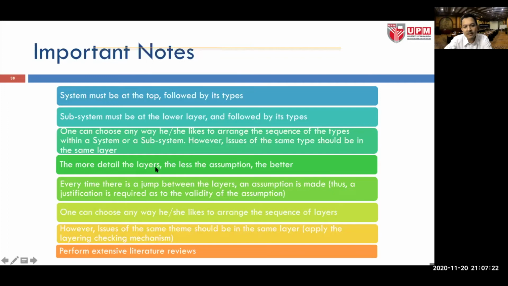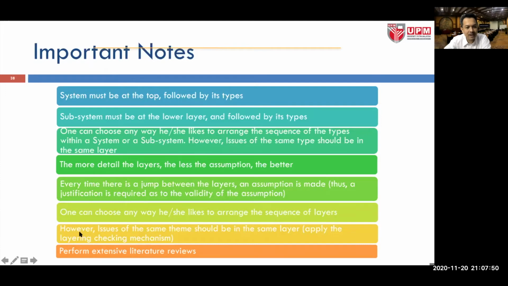The more detailed the layer, the fewer assumptions, the better it is. Every time there is a jump between layers, an assumption is made, thus justification is required for the validity of the assumption. All right, and one can choose any way he or she likes to arrange the sequence of layers.